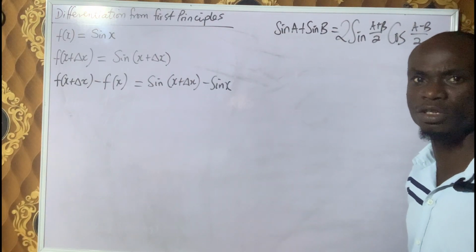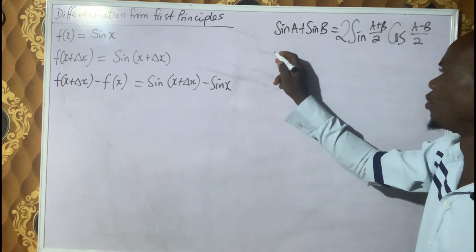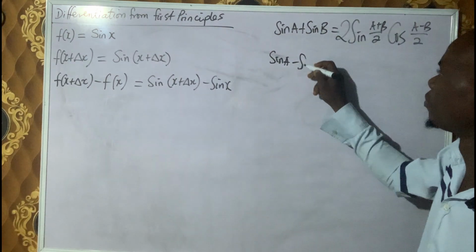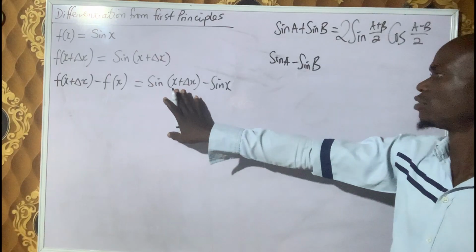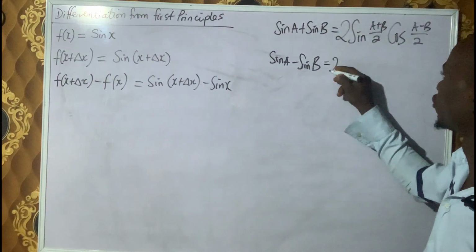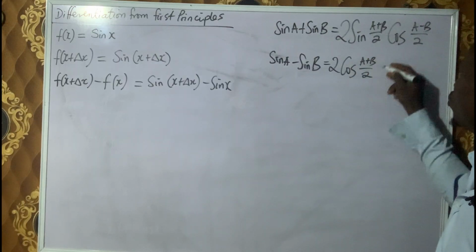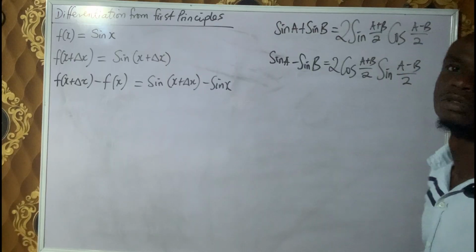This is the first they normally give to us. The second one is if we have sine A minus sine B. And if you observe what we have on the board, that's the case we have, sine A minus sine B. It says we have 2 cos A plus B over 2 sine A minus B over 2.